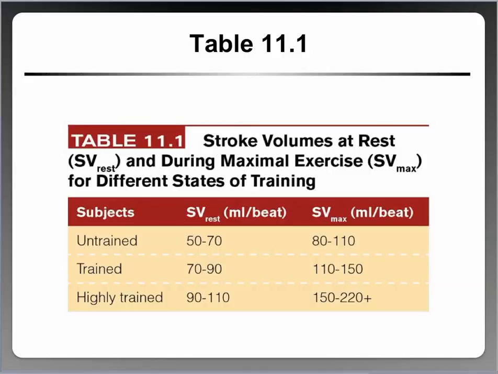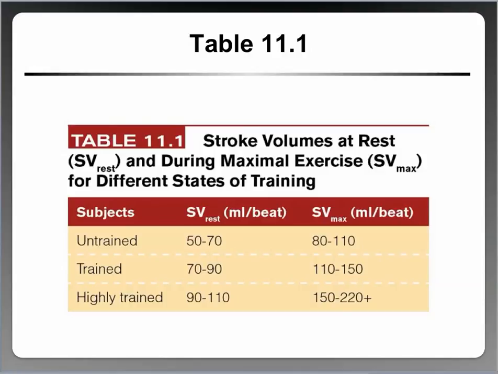If you take a look at untrained versus trained, you'll see that even in a mildly trained state, there's increases in stroke volume when you go from untrained to trained, and it's about a 26% increase if you run the numbers. Then if you go from trained to highly trained, you see also an increase in stroke volume.